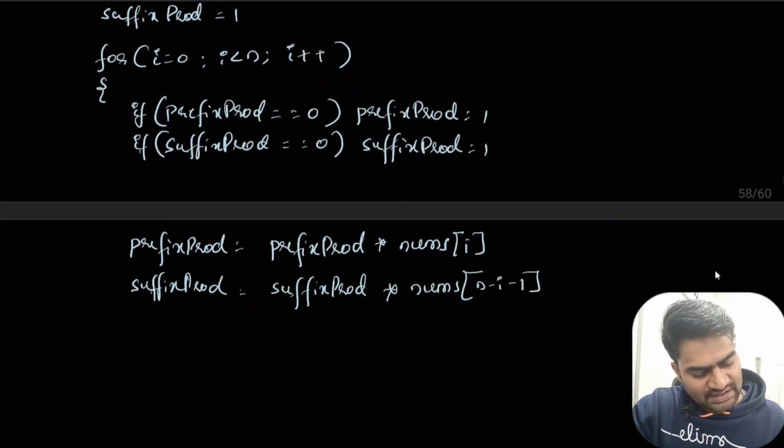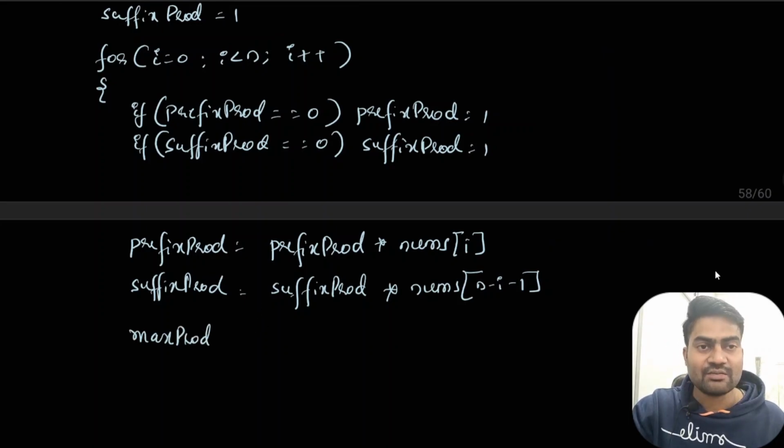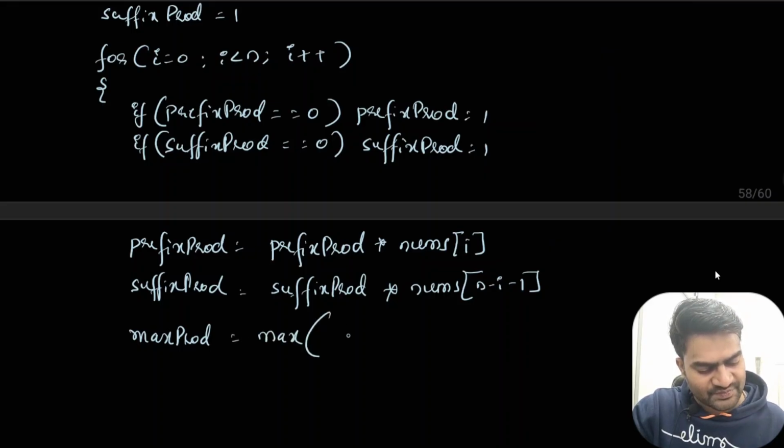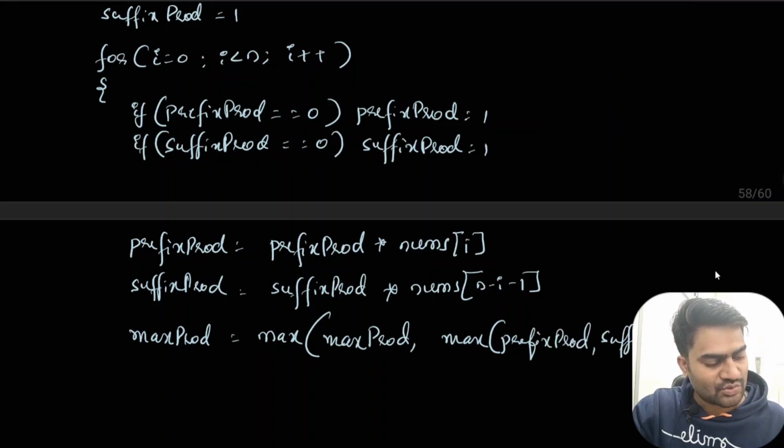Then finally I will update my max product, so it can be my prefix product or my suffix product, whichever is maximum. So I will say max of max product, comma, max of my prefix product, comma, suffix product.